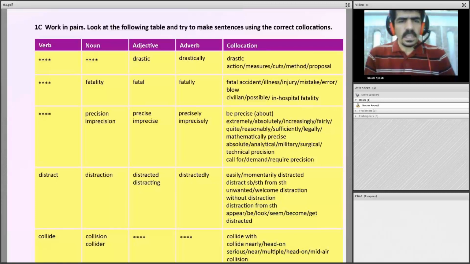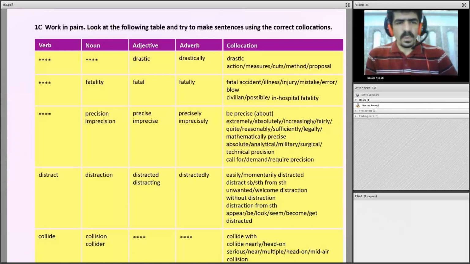The first one in the table is drastic. Drastic, drastically. Drastic is an adjective, drastically an adverb. Drastic means sudden and extreme. Collocations: drastic action, drastic measures, drastic cuts, drastic method, drastic proposal.